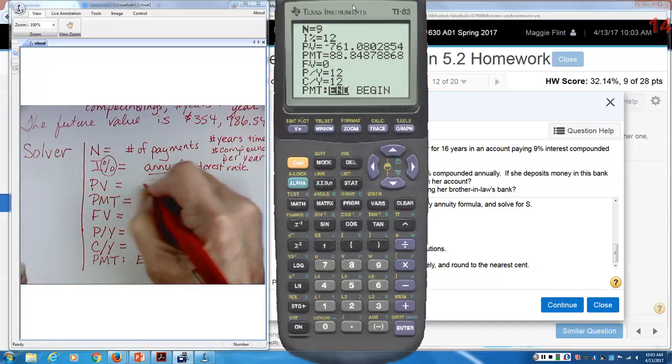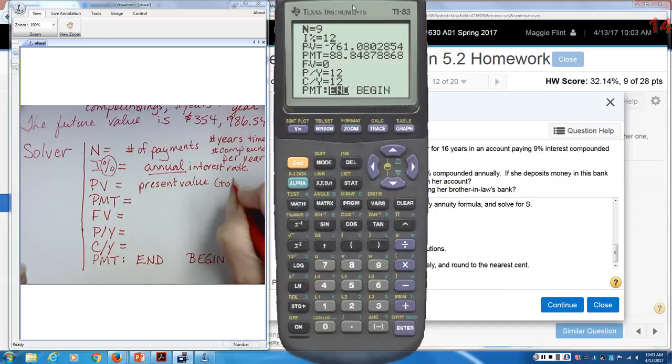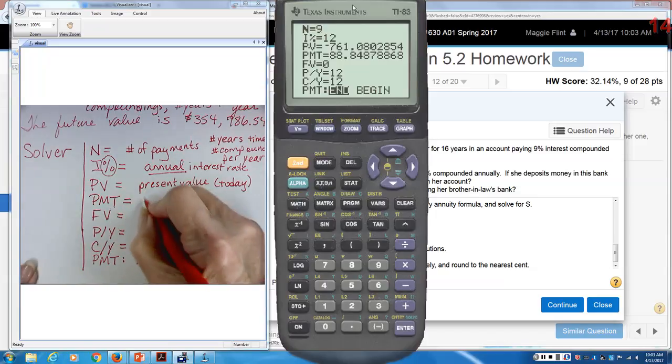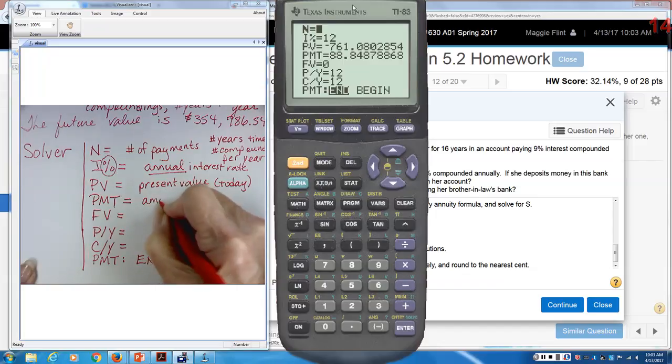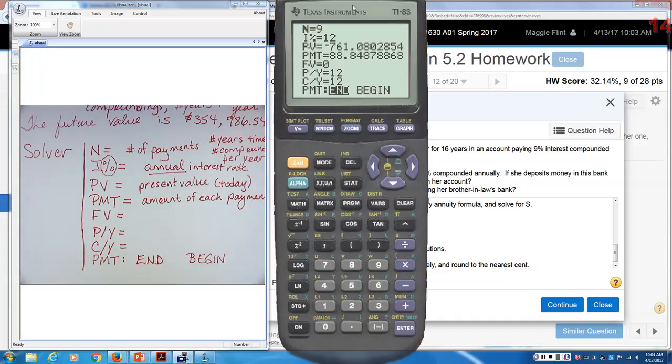It has to be percent. PV stands for exactly what it sounds like, present value. It's what you have today. What you start with. Payment is what it sounds like it is. It's the amount of each payment.